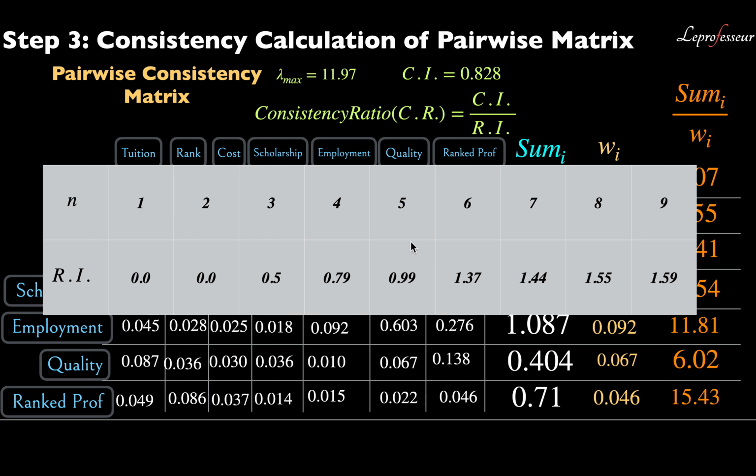So 9 by 9, 8 by 8, 7 by 7, different matrices. We're not going to go into detail on calculating the RI, but let's assume these RI random indexes for matrices where n goes up to 9.